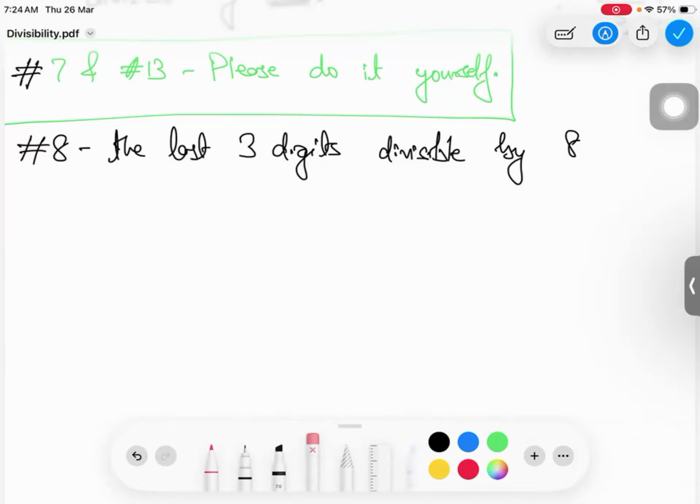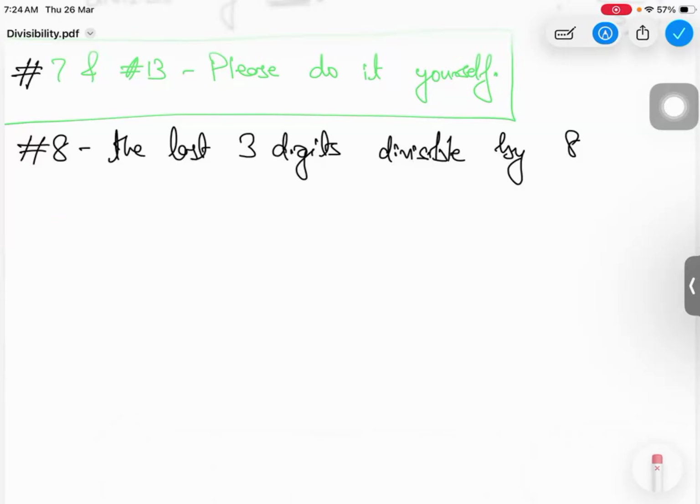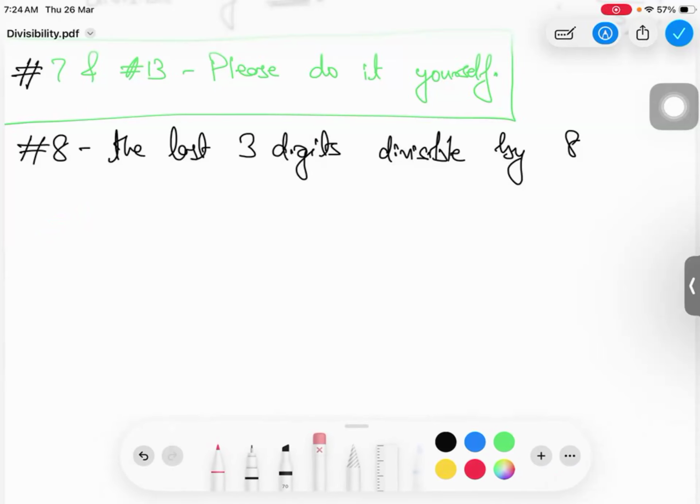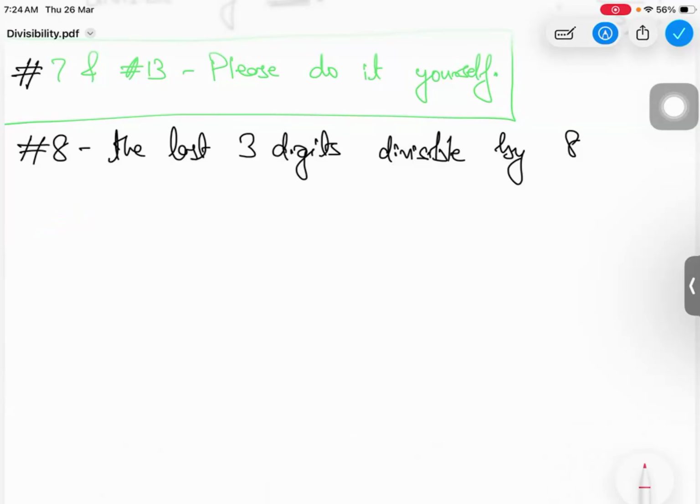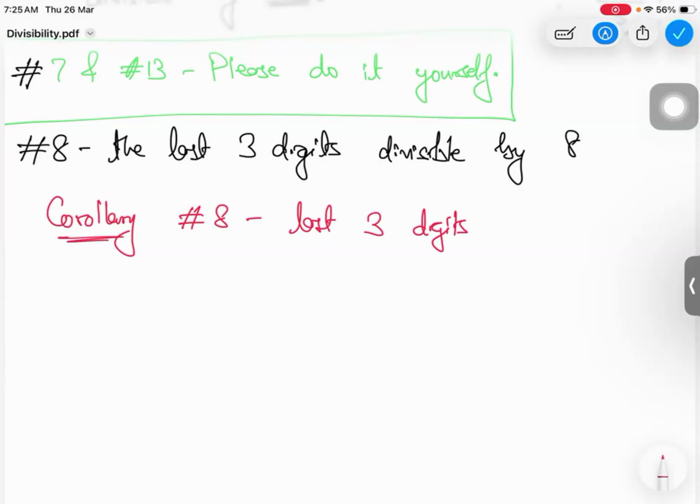All right, red is brighter. So I'm just drawing a corollary here. For number 8, last 3 digits divisible.